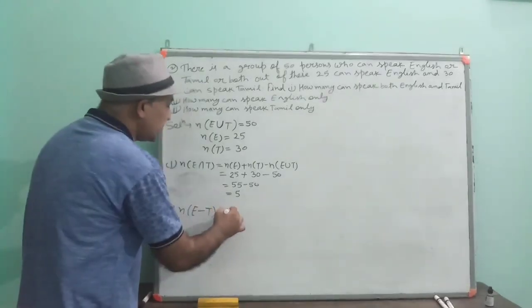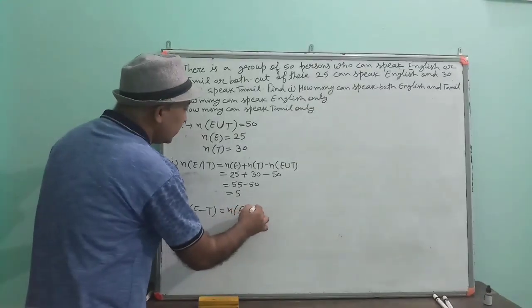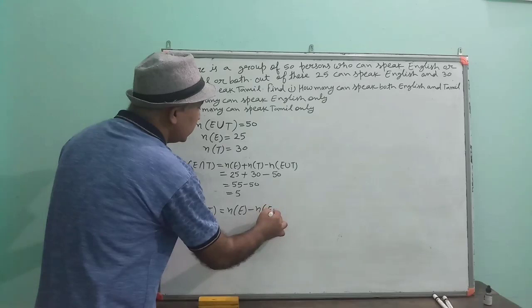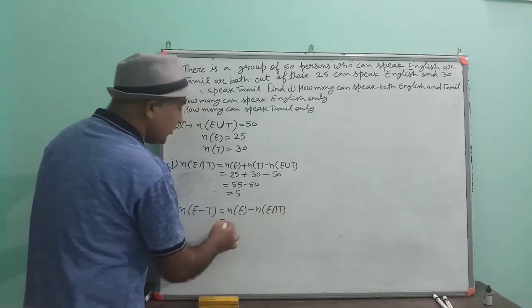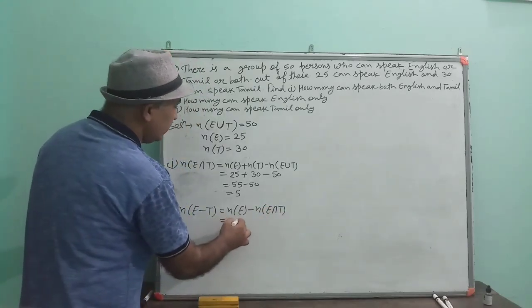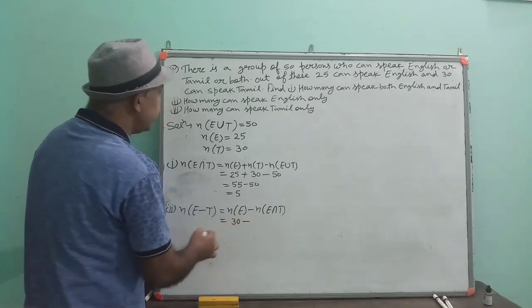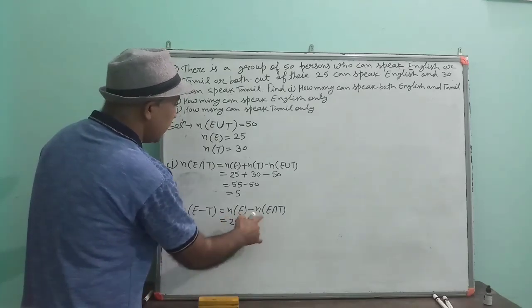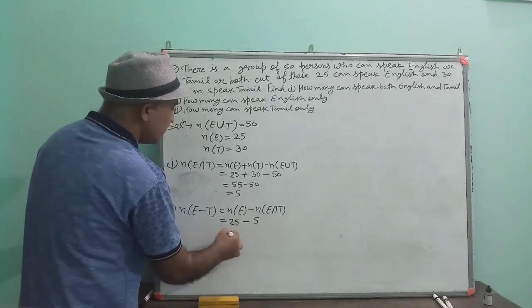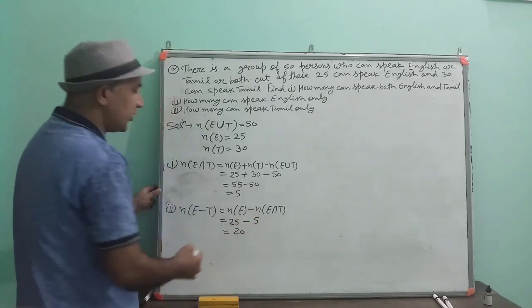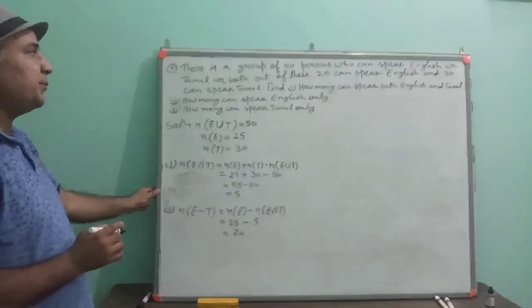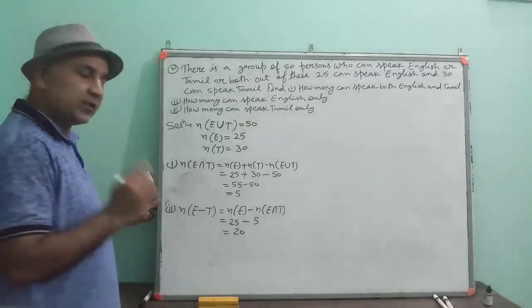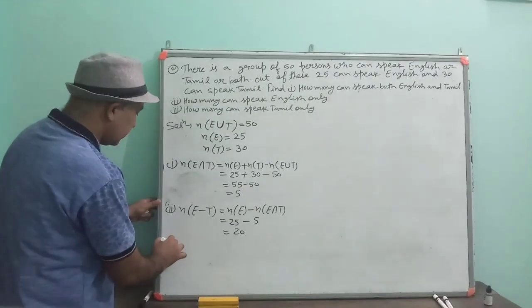So the formula for this is n(E) minus n(E intersection T). This is given 25, and the intersection we have found is 5. So 25 minus 5 is 20. That means there are 20 people who can speak only English.